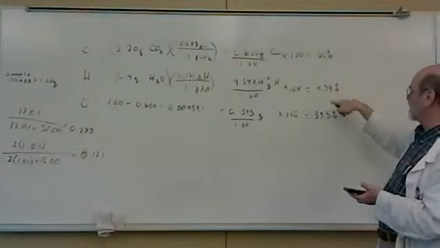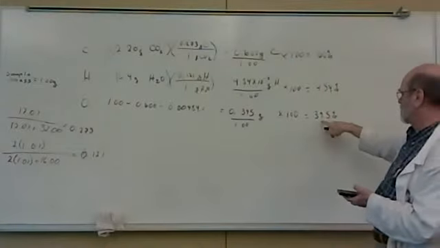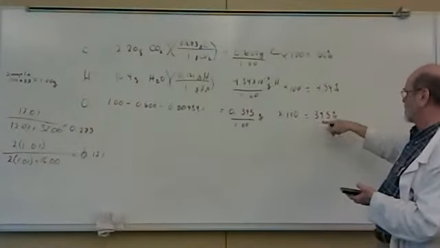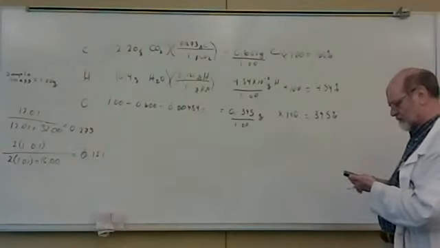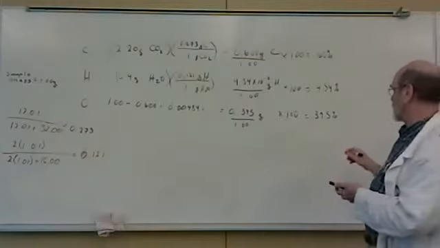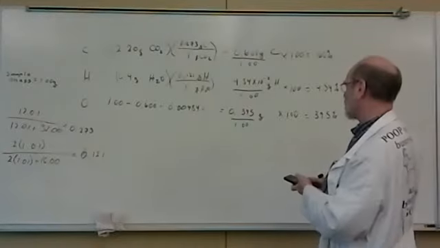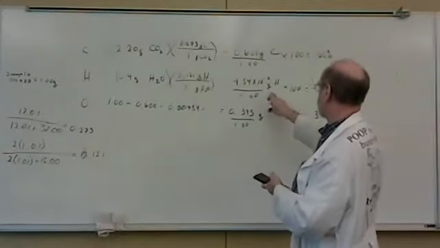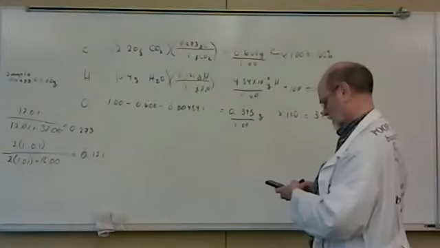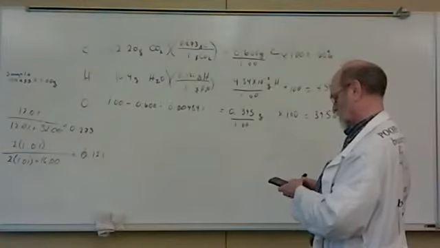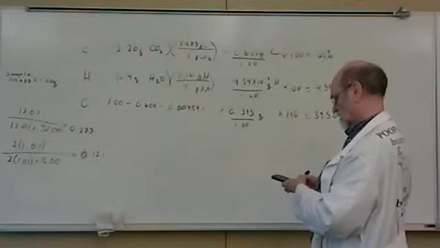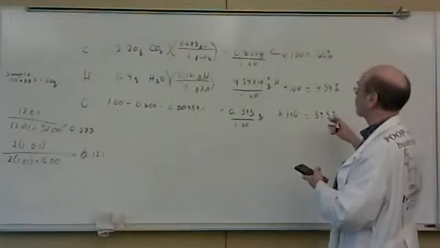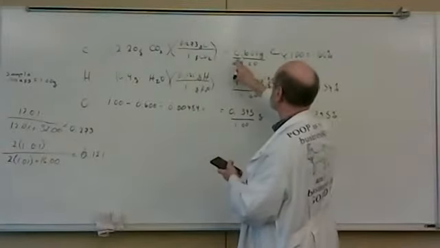Now, let's add those up and see. That's not right. Because we got more than 100%, don't we? But what did I do wrong? I probably did something wrong here. 4.84. 60.